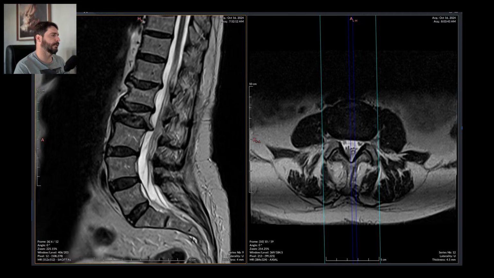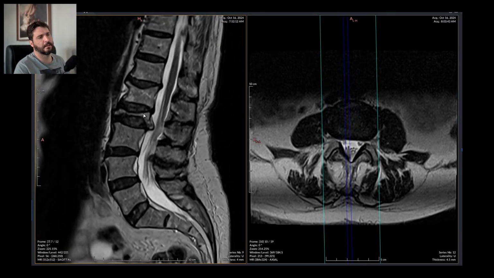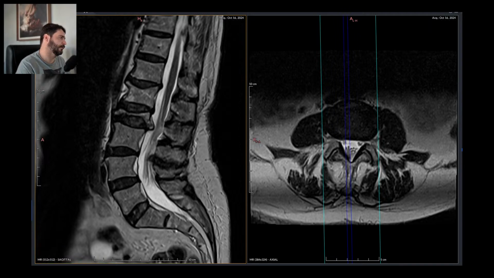Pseudoarthrosis of the spinous processes. From, let's see, this one is L1, 1, 2, 3, 4, 5, and this one is S1.